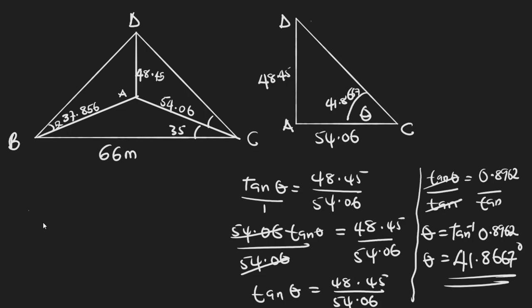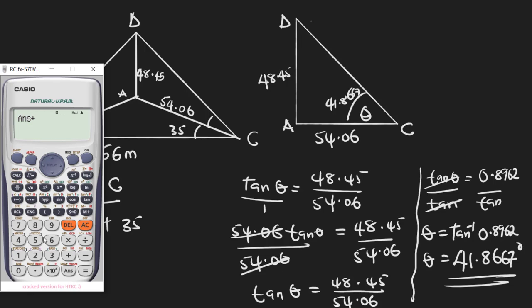Total angle C is the angle we've calculated, 41.8667, plus our 35 degrees, which gives 76.8667.